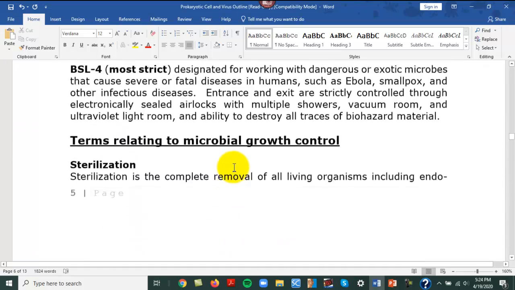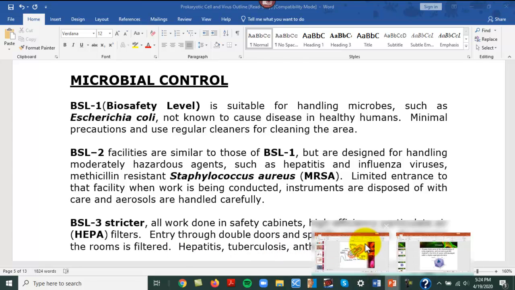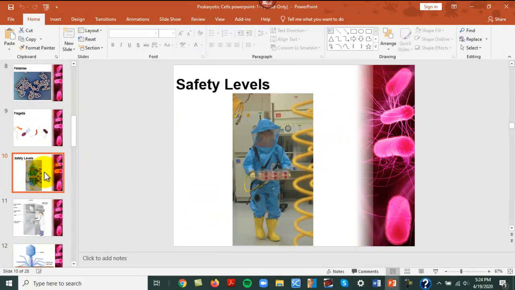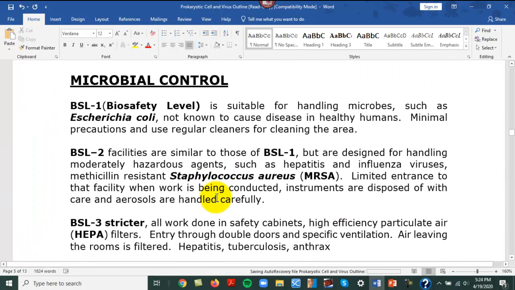Okay, we're moving into a part where you talk about how do you kill bacteria. And here is safety levels. Once again, this is really popular at the moment with the coronavirus going around and everything. People wearing masks. But what this is, a BSL-1, these are talking about levels of safety within a building.